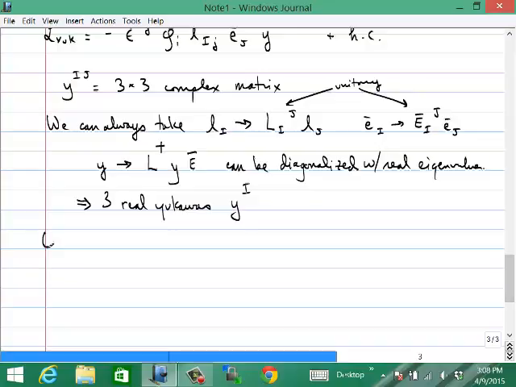Now what happens if you have the quarks? Well, the kinetic term is very similar. But let's take a look at this Yukawa term. Unlike the lepton sector, the quark sector now has 2 different possible Yukawas. So there is the Higgs.